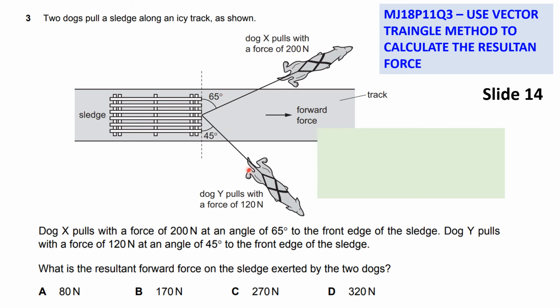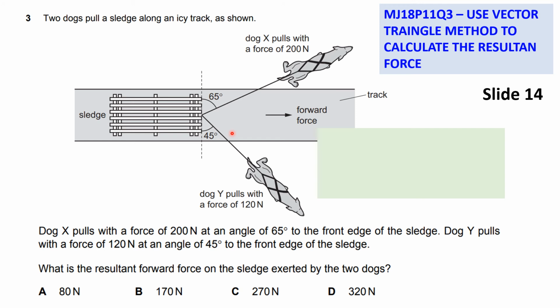Dog Y pulls with a force of 120 newtons at an angle of 45 degrees to the front edge of the sledge. What is the resultant force? I want to rephrase this: what is the resultant forward force on the sledge exerted by the two dogs?